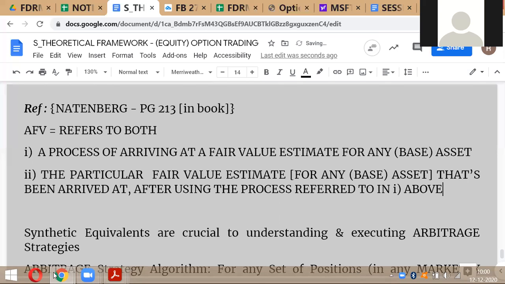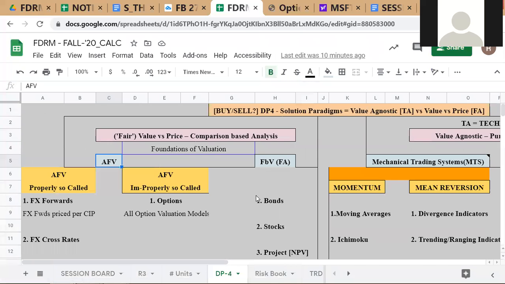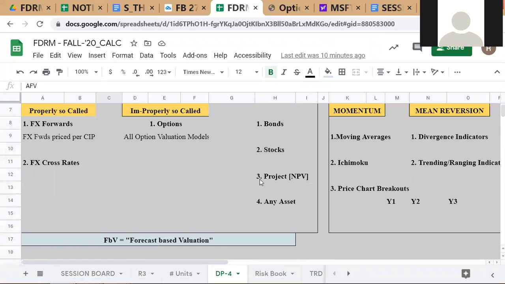So it can refer to two things. It can either refer to the process of arriving at a fair value, like for instance when you do your project NPV, what is the process that you use to arrive at the fair value of the project? And then you deduct the cost of the project, the C0 term.